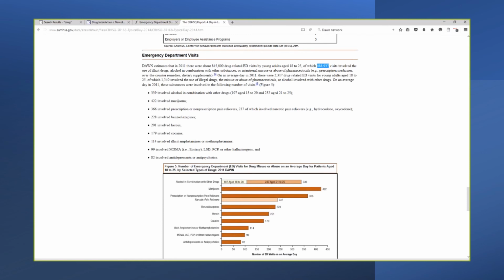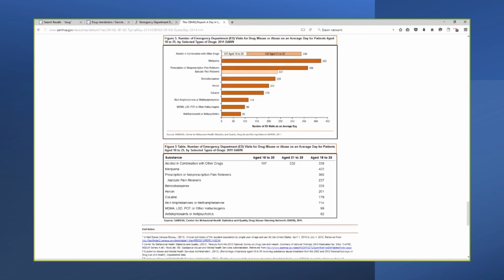Looking to see if it actually has deaths listed. But it does tell you, alcohol, marijuana, illicit amphetamines or methamphetamine, your MDMA, ecstasy, PCP, other hallucinogens. This is where you're going to find most of your designer drugs, because most of them are stimulant hypnotics. And you can see the majority of them were aged 18 to 25.